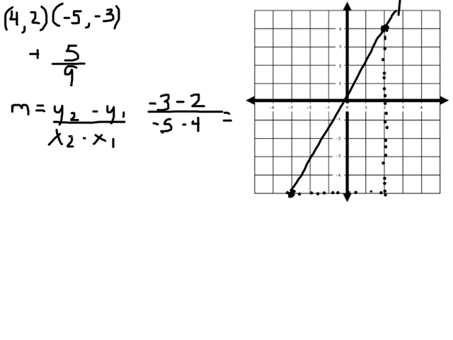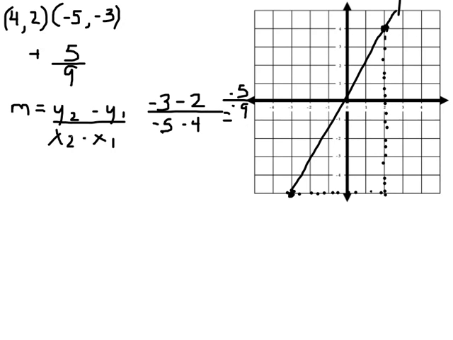And when we do that, negative 3 minus 2 is negative 5, and negative 5 minus 4 is negative 9, and negative divided by negative, we get 5/9. So either way, we're going to be able to find out the slope of the line.